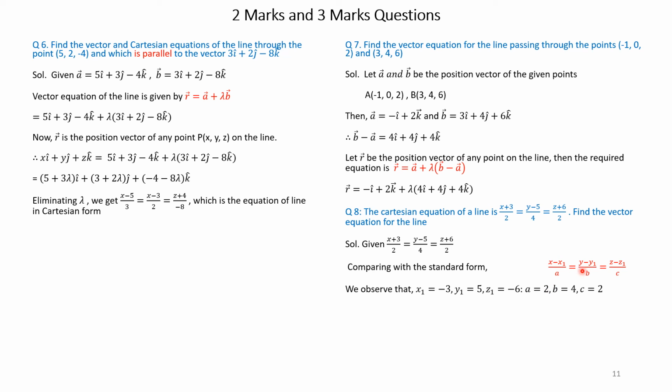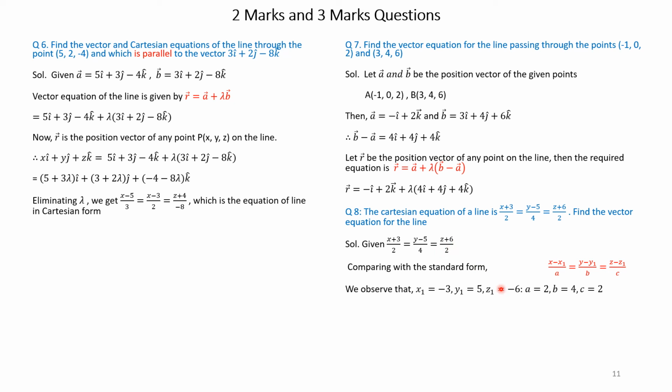Similarly, comparing y minus y1 divided by b, minus y1 is equal to minus 5. Therefore, y1 is equal to 5. Similarly, b is equal to 4 here. And the last term is z minus z1 by c. Here, minus z1 is equal to plus 6.